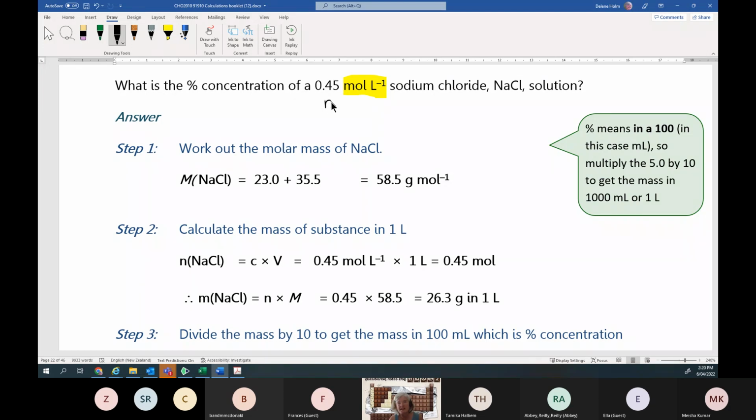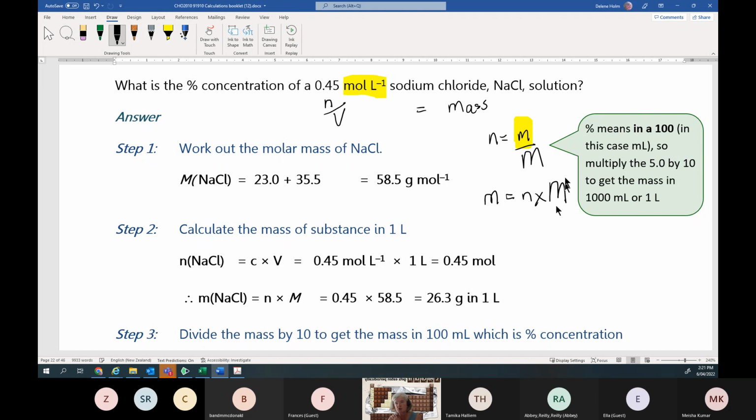So it's N, we're looking at N over V. If we want percentage, we need to get to mass. So how do I convert N to small m? I have to use the formula of N is equal to small m over big M. But in this case, I want to have m. So remember, if you're not sure how to change the subject of the formula, m is equal to N times big M.